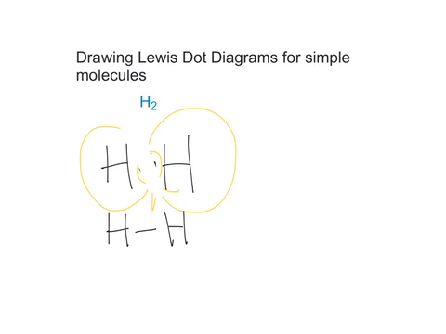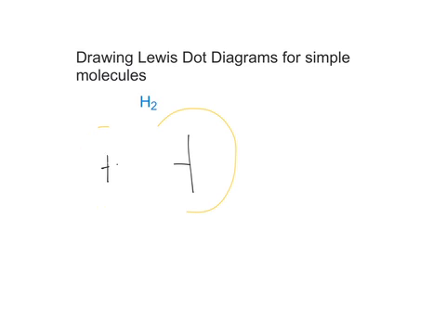Let's try another one that may be a little bit more challenging, and that is O2. We didn't draw the diagram for O earlier, so let's see if we can do O2. Once again, think about O2.